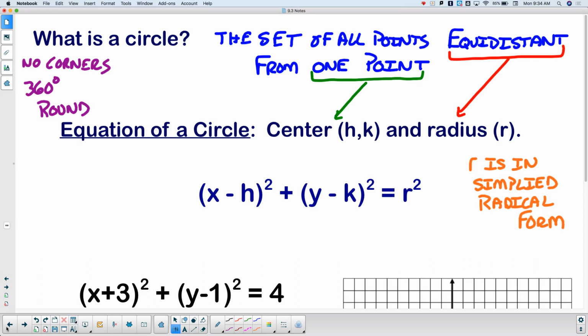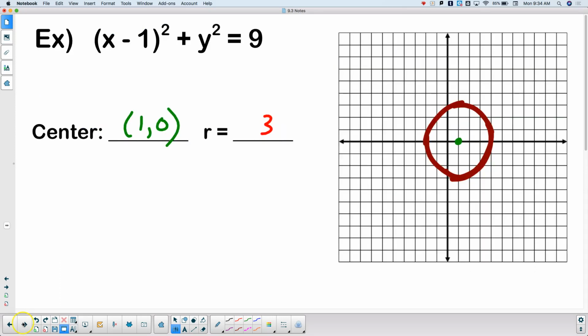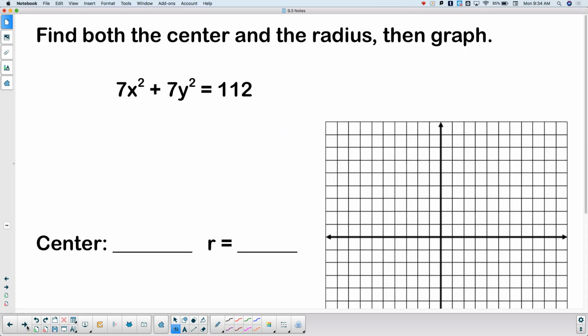So if you have coefficients on a circle, two things have to happen in order for it to be a circle. One, the coefficients on the squared terms have to be exactly the same. If they're not exactly the same, it's not a circle.